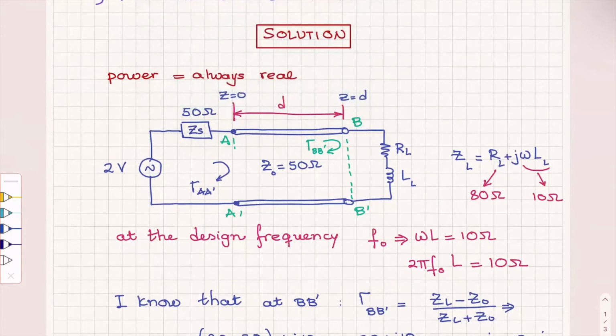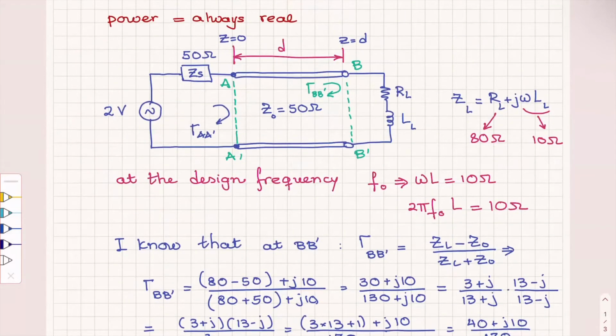And if I have a mismatch at AA prime, then I'm not going to get the maximum power going through. All right, that's what it says.